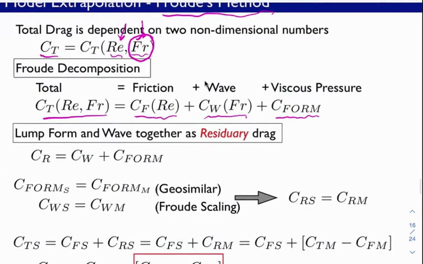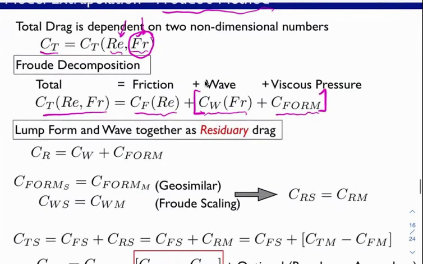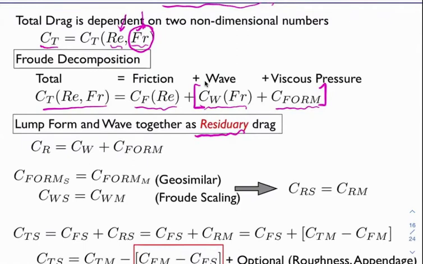We lump these two pieces together, the wave drag and the form drag, and refer to these as a residuary drag. It's the drag you're left with when you take friction away from the total. So we're going to give it the subscript R for residuary, which is the wave plus the form.